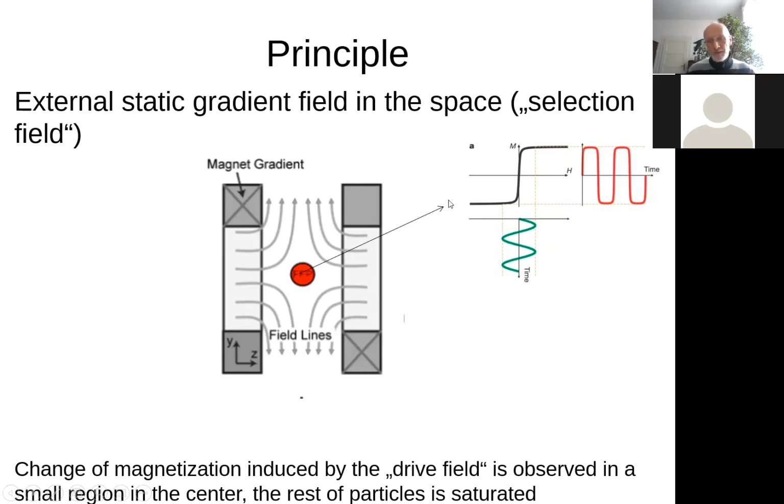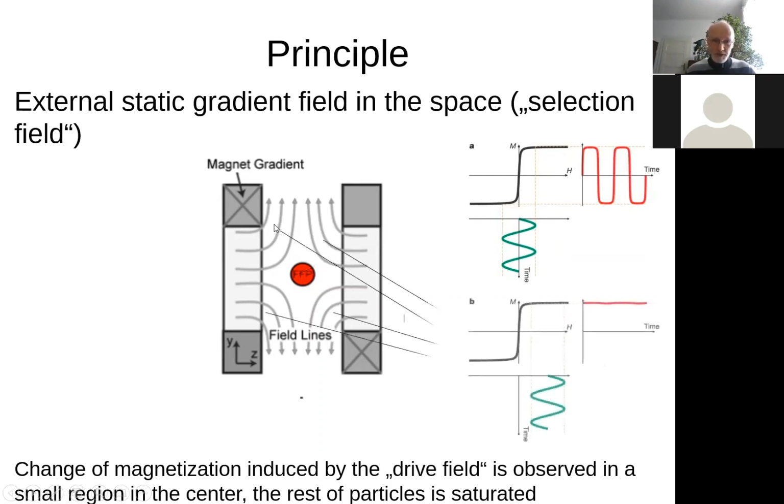So in the middle, if we now use the drive field, we can see change of magnetization with the same frequency as the frequency of the drive field. But if we look at other positions, here, here, or here, where the field is non-zero, from these points I receive no signal.